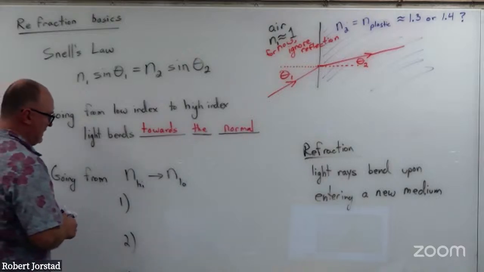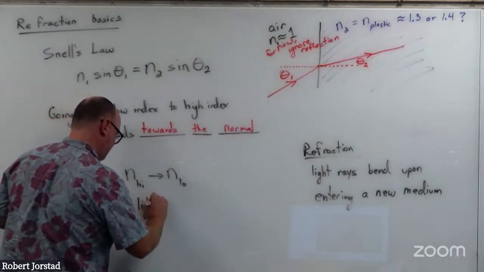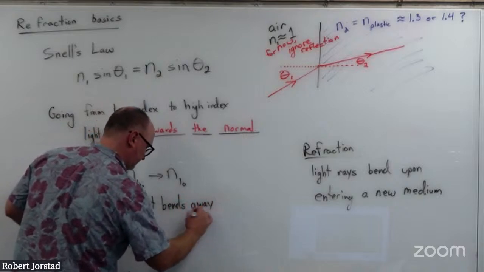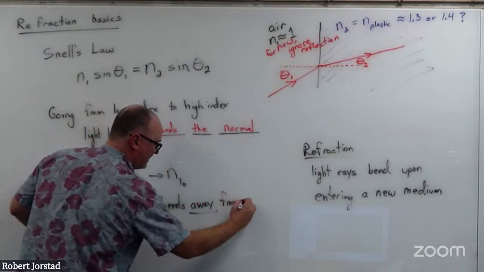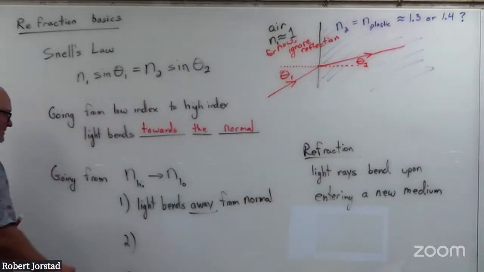So if you go from high to low index, going the opposite way, something different happens. And actually, in this case, light should bend away from the normal. And then something kind of special can occur as well.